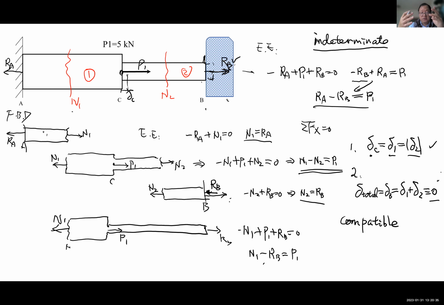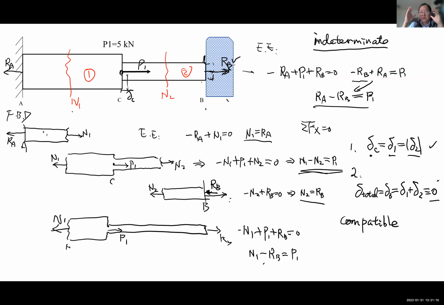So that gives us an additional relation, and we can use that. Now you have an additional equation, so you can combine it with the equation of equilibrium we got here. Combine these two, and now you have 2 equations for the unknowns, so maybe you can solve it. So that's the way of thinking. When you have a deformable system, we look at the deformation of each one and then see how they are compatible with each other, how they match each other, how they accommodate each other and generate the deformation for the system.